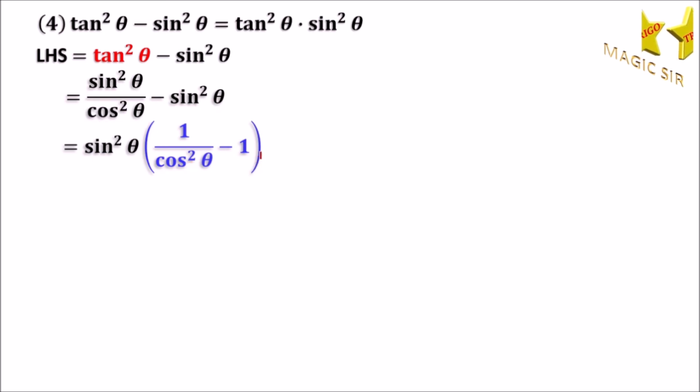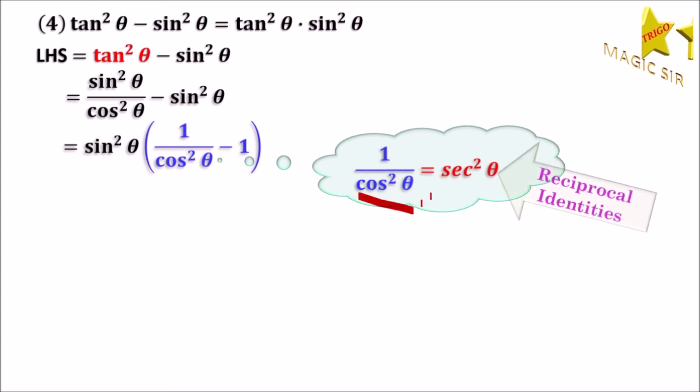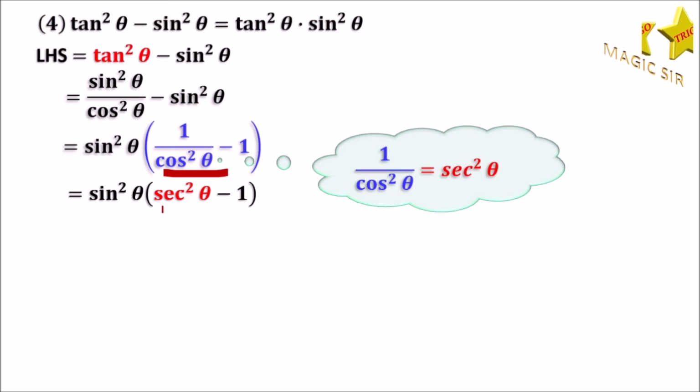We know that 1 upon cos square theta is equal to sec square theta. So we replace 1 upon cos square theta with sec square theta. Therefore LHS equal to sin square theta into (sec square theta minus 1).